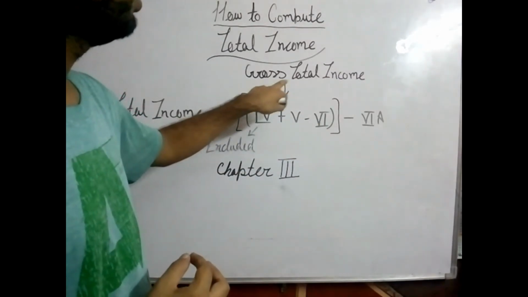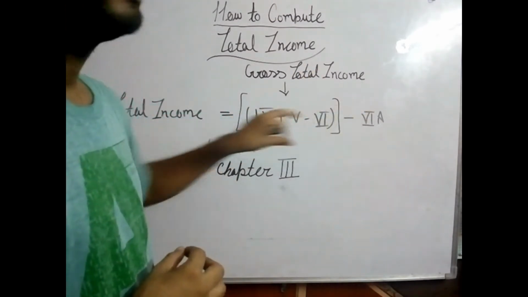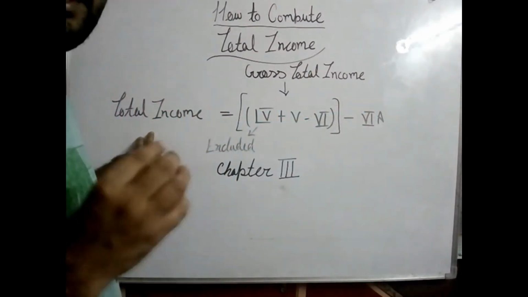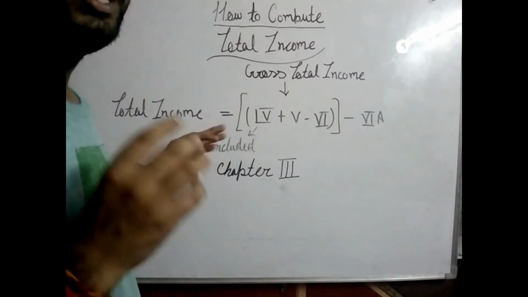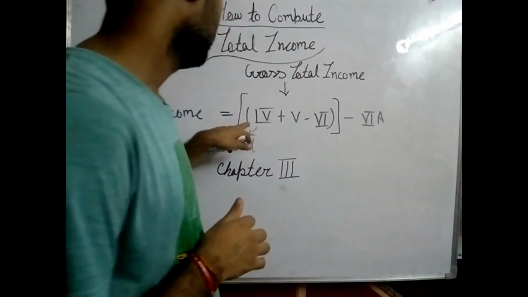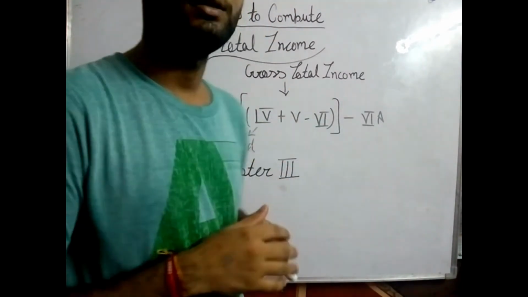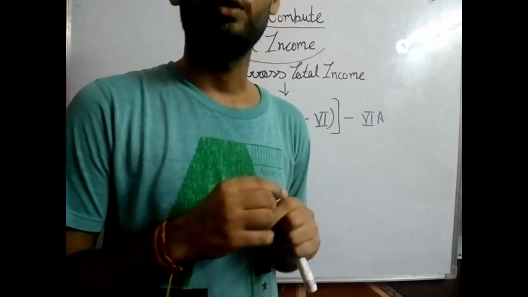This is our gross total income, and if we subtract chapter 6A, then it comes to total income, or you can say net taxable income. And if anyone does not know what chapter 4, chapter 5, chapter 6, chapter 6A, and chapter 3 are, then please click on the I button above the video.